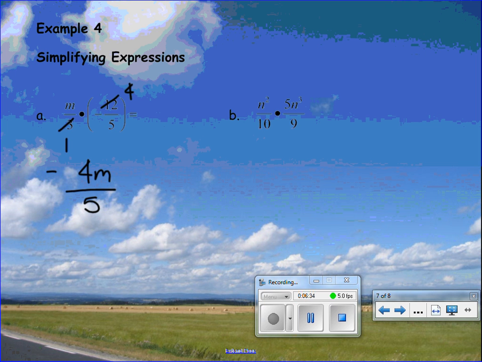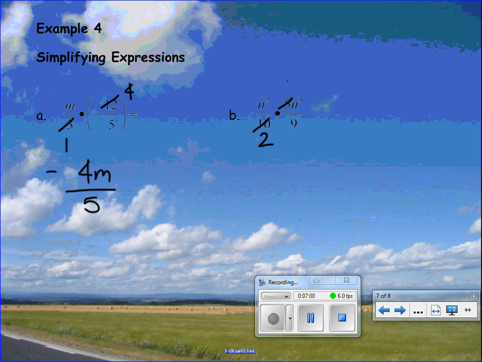In B, multiplying our numerators. Remember, when we multiply with exponents, we're actually going to be adding them. Before I can do that, I'm noticing I could simplify before I multiply.